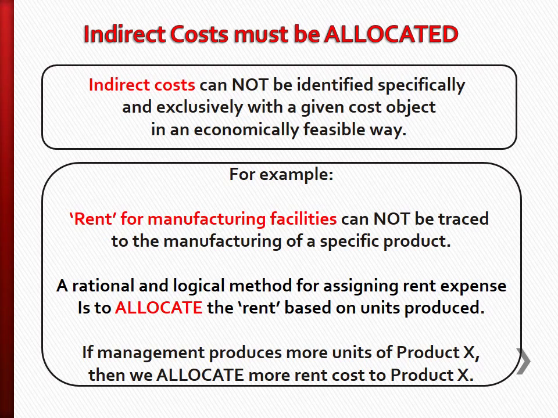All right, so an indirect cost cannot be identified specifically or exclusively with a given cost object in an economically feasible way. As I just discussed, rent for manufacturing facilities cannot be traced to the manufacturing of a specific product. However, we can come up with rational, logical methods for allocating rent to units produced.